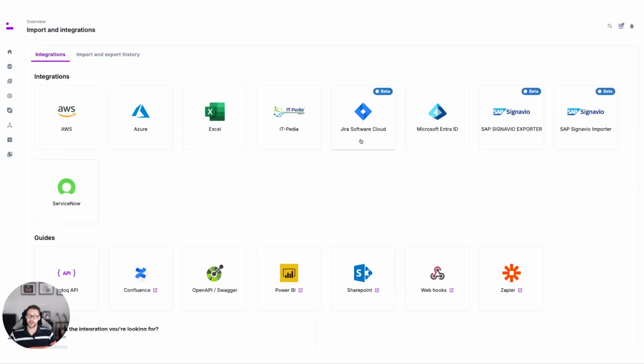Here at Ardoq, we have out-of-the-box integrations into SAP Signavio, and that allows you to import process information from those tools into Ardoq so that you can then use Ardoq to connect everything up to other information that exists within Ardoq, such as technologies, people, capabilities, and data.